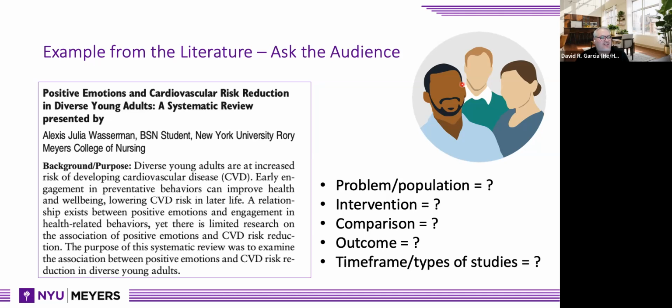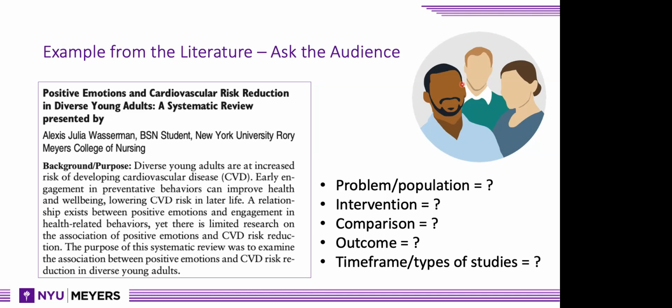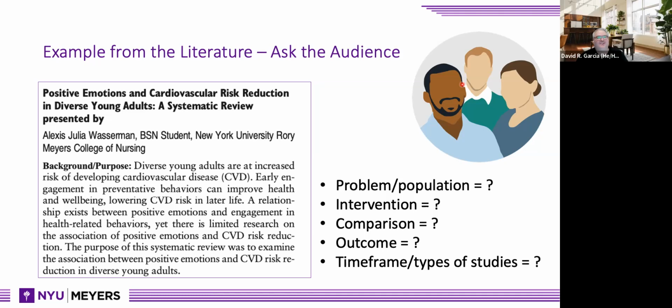Yes, so the exposure here sounds like it's the positive emotions, right? And the outcome is, I think you're blending them there. If the intervention is positive emotions, then the outcome must be the CVD risk reduction. Exactly. Okay. And then do you want to call on somebody next?